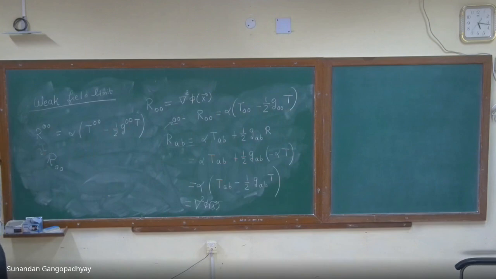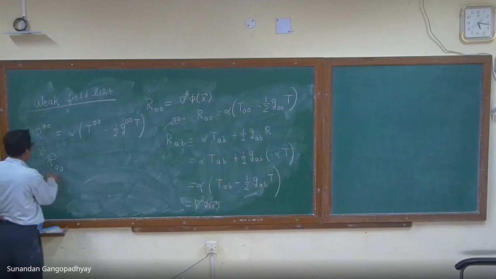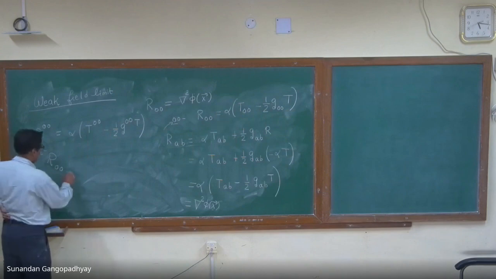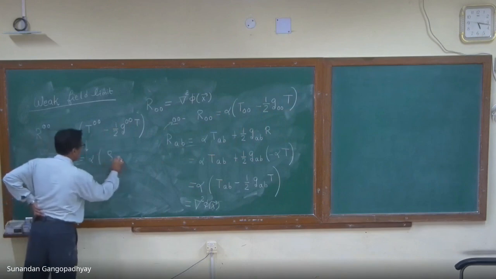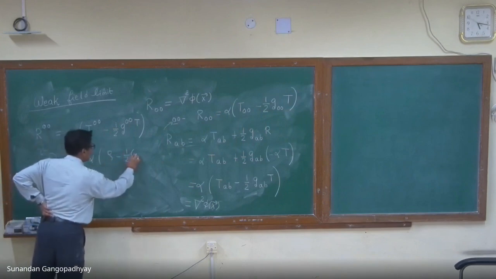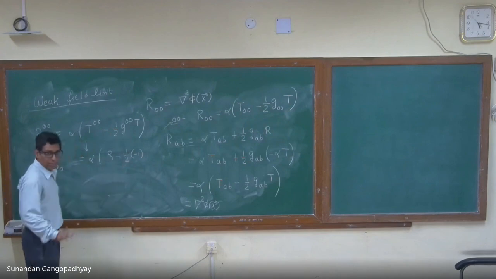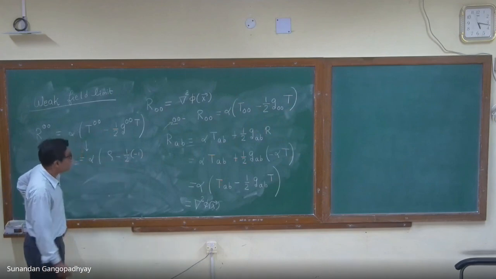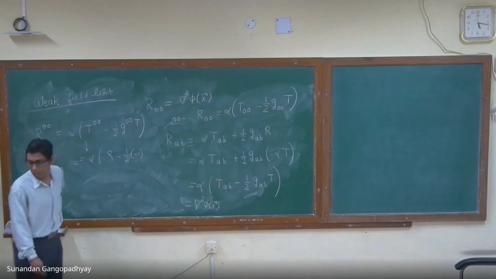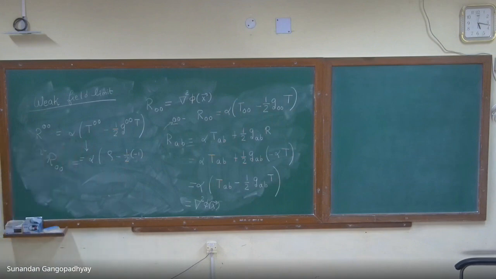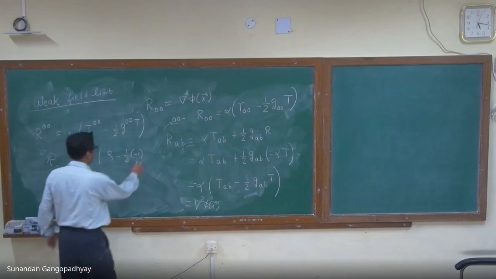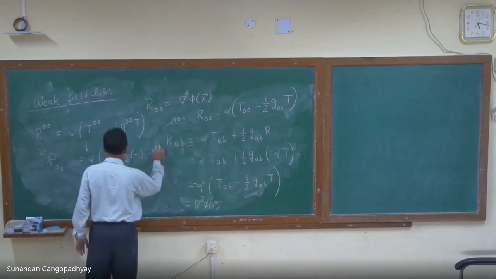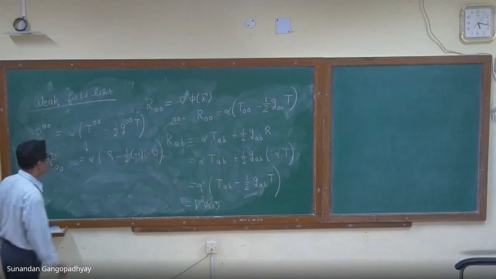Let's check that in the weak field limit. Now this is equal to alpha, T00 is 0, minus half, T00 is minus 1, approximately in the weak field limit because we are neglecting that term. And what is T? T we had calculated earlier. If you look at T, it was minus rho. That is what it is.